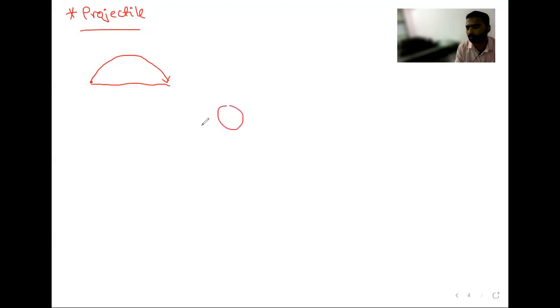When you kick a football or hit a cricket ball, it also goes like this. The path traveled by this particle is called projectile. So first write down all of you the definition.